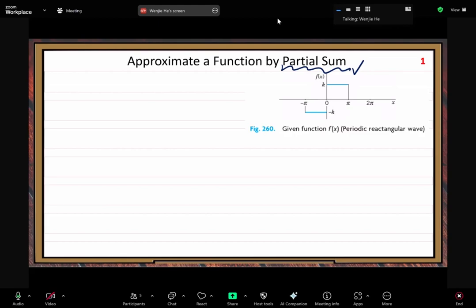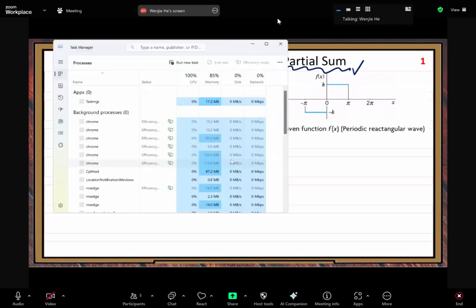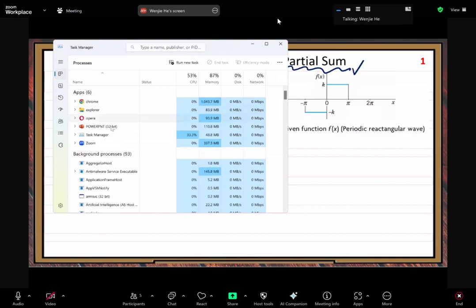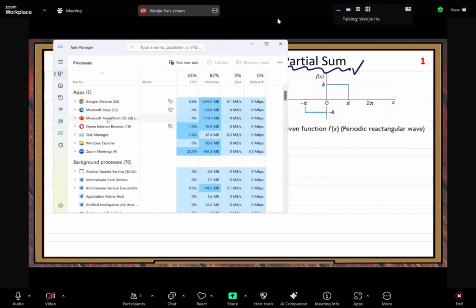Next, that interruption caused a problem and disabled my PowerPoint slides. Oh, my screen is frozen. So let me kill the program. The good thing is we just got started, so no big loss. All right, so PowerPoint, PPT, I need to stop.